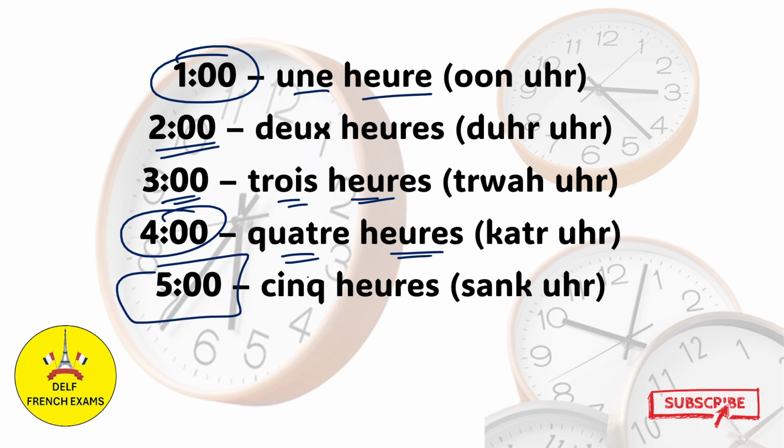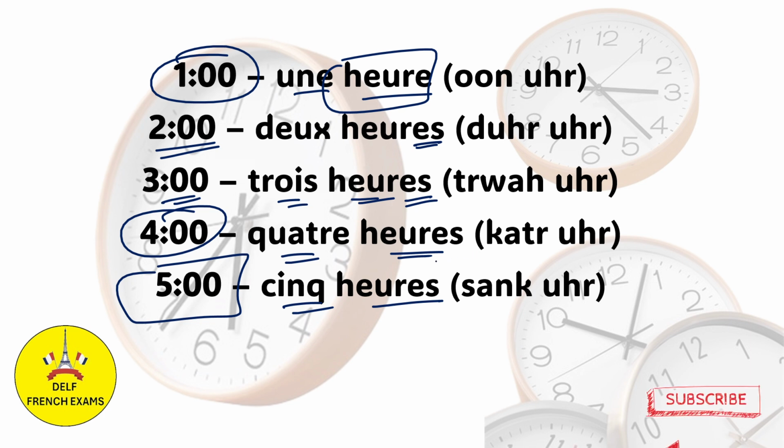Next one is 5, cinq heures. If you observe one thing, for one it is heure, and for the others, an S is added, because they are plural in nature: 2, 3, 4, 5. So this is how we speak the time in French.